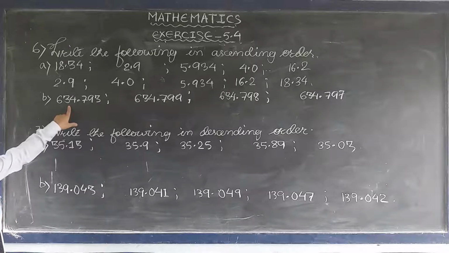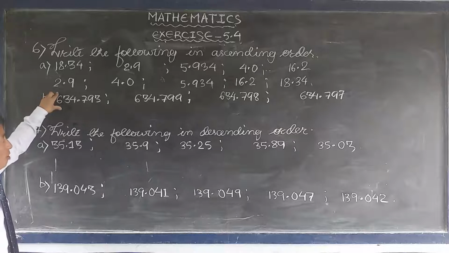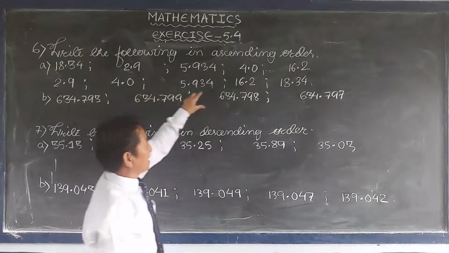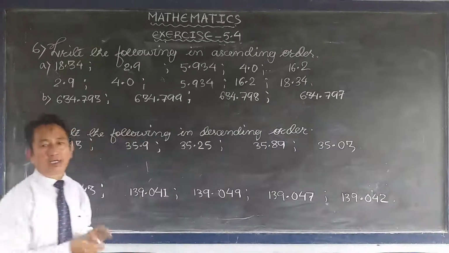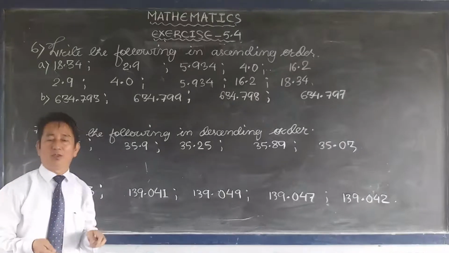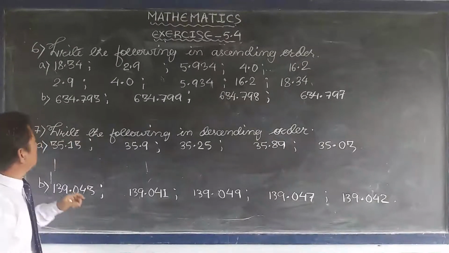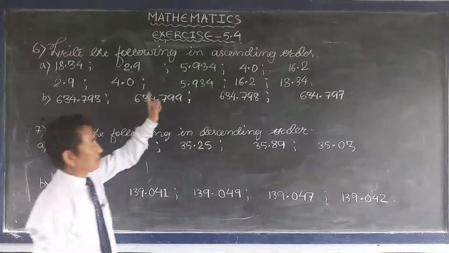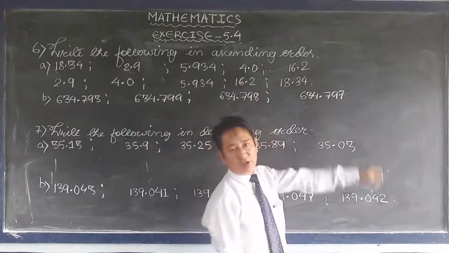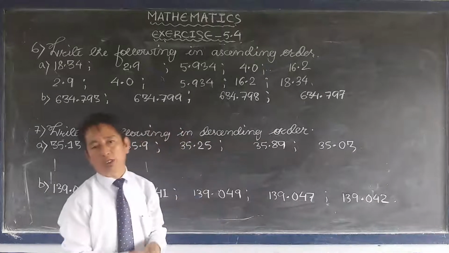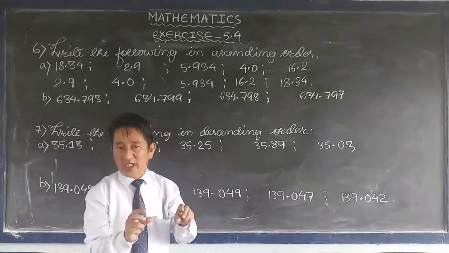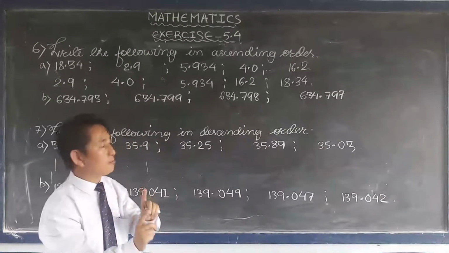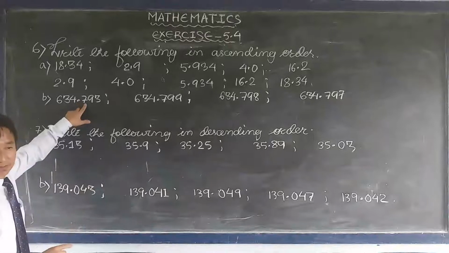Now next, B. First we will compare the whole numbers of these decimal numbers. 634, 634, 634, 634. All these decimal numbers have the same whole number. So after that, we'll compare the first digit after the decimal point. Here 0.7.